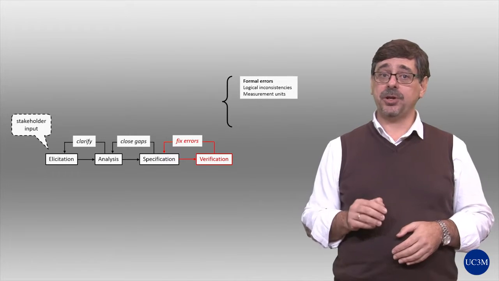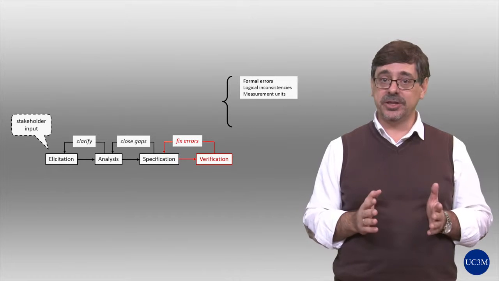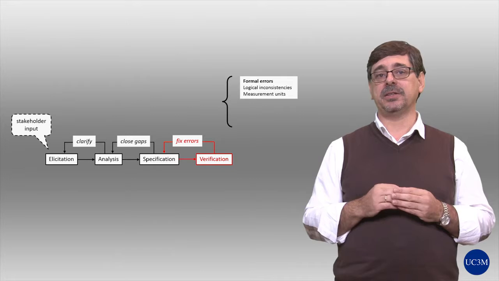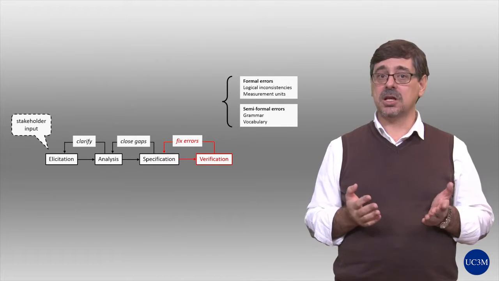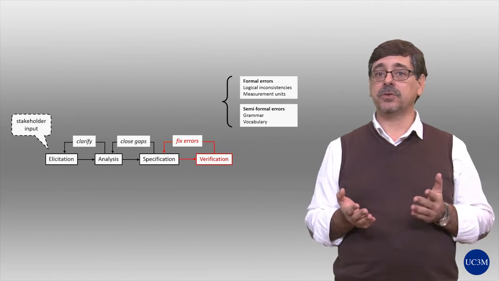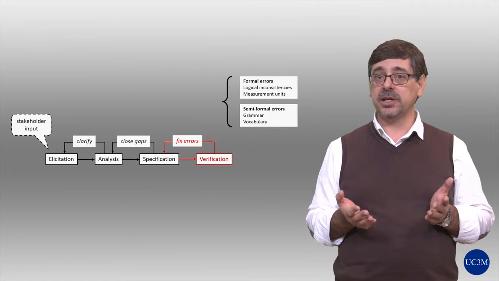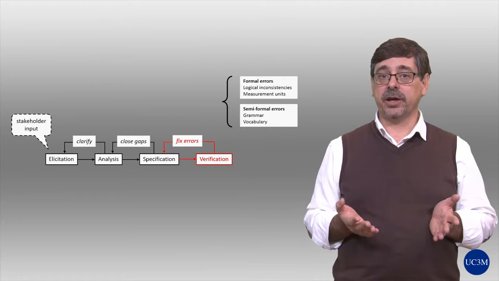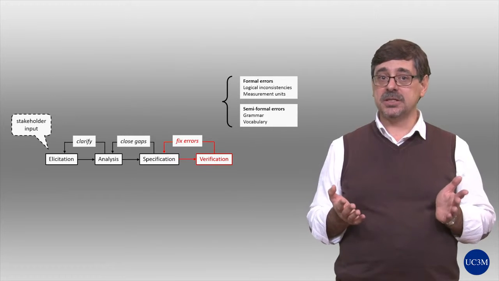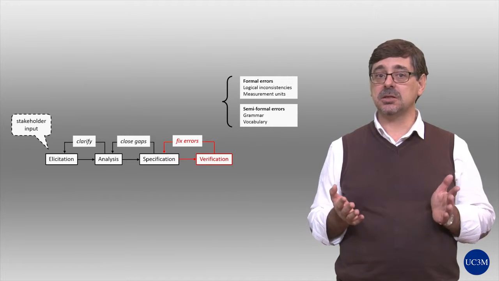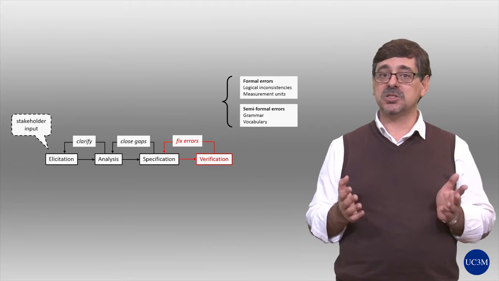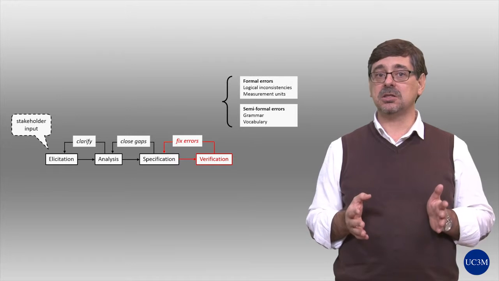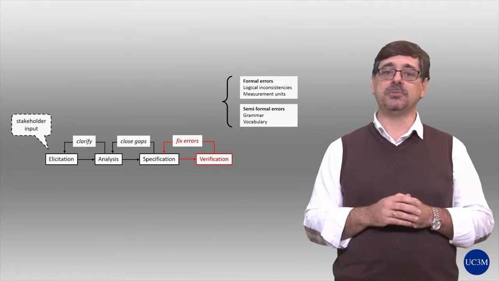Formal errors appear when different requirements are contradictory, that is, they cannot be simultaneously satisfied. Semi-formal errors are some defects of correctness that are not strictly logic or formal. For example, grammar or vocabulary errors, that is, requirements that do not adopt a consistent domain vocabulary throughout the specification, using instead synonyms and inconsistent, vague, or ill-defined terms.